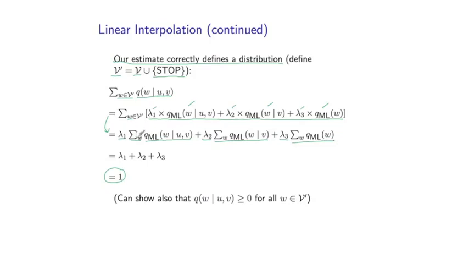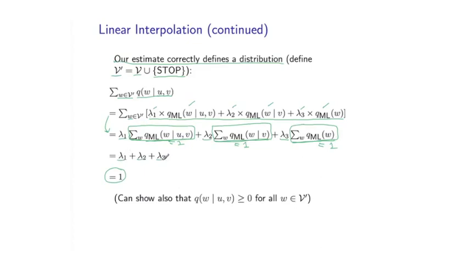Next, it's simple enough to show that these sums are all equal to 1. That's because the maximum likelihood estimates themselves correctly define a distribution. Or equivalently, you can go back to the definitions in terms of counts and convince yourself of this property. And so we end up with simply the sum of lambda 1, lambda 2, lambda 3.